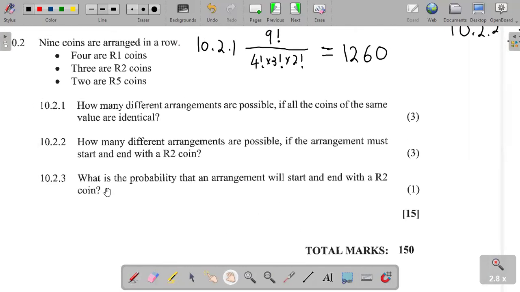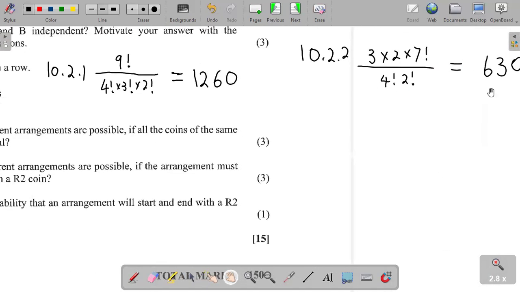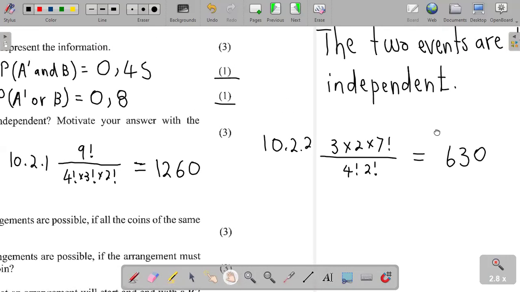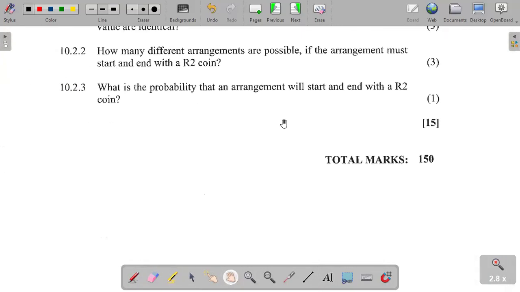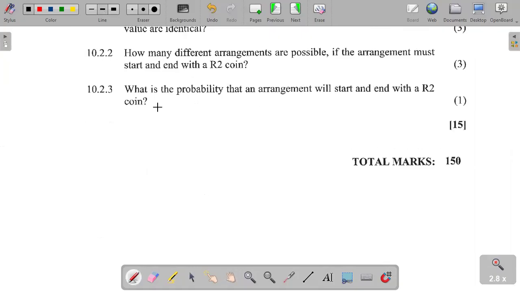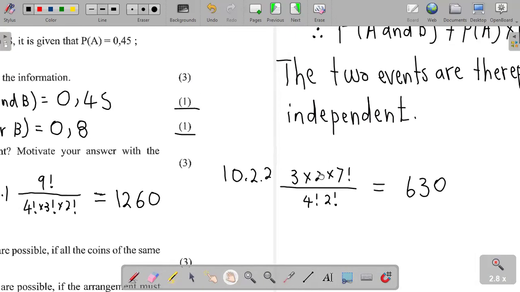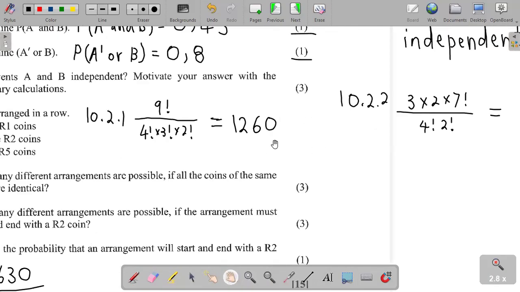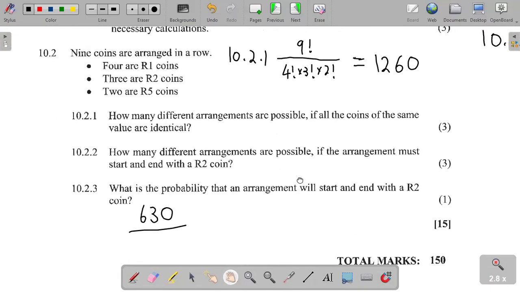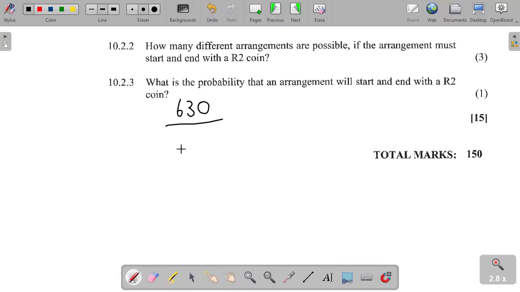And then they say, what is the probability that an arrangement will start and end with a 2 rand coin? These are the arrangements, 630. So it's going to be 630, and then we take our answer there. So 1,260 is what we use here.